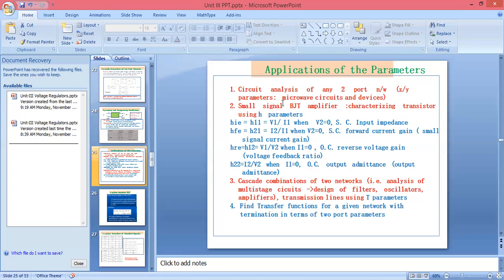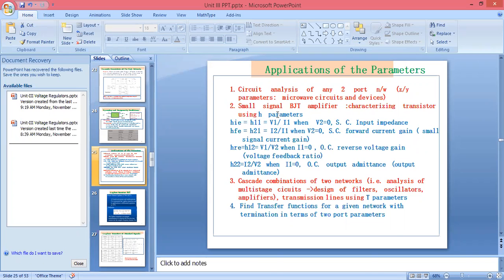At that time, with the small signal MOSFET amplifier, we are supposed to calculate the equations for the current. We make the amplifier in the form of a hybrid model, and we use the hybrid parameters to derive the equations for the current. So this is an application of these parameters.